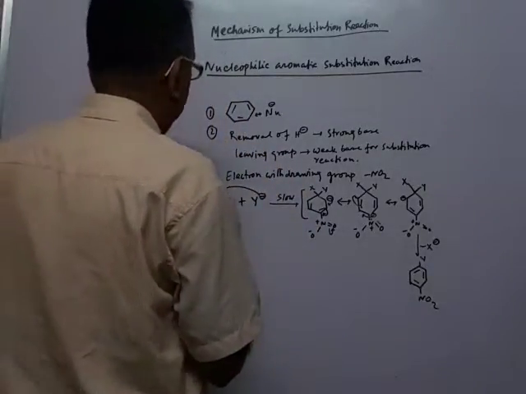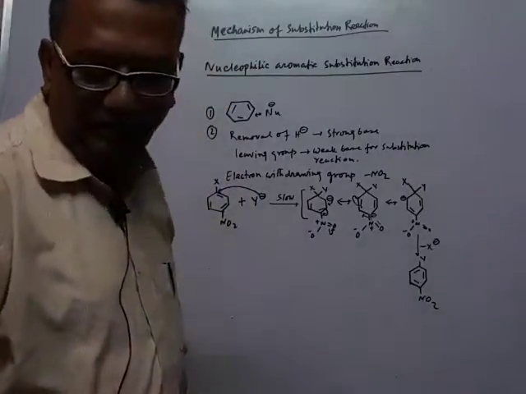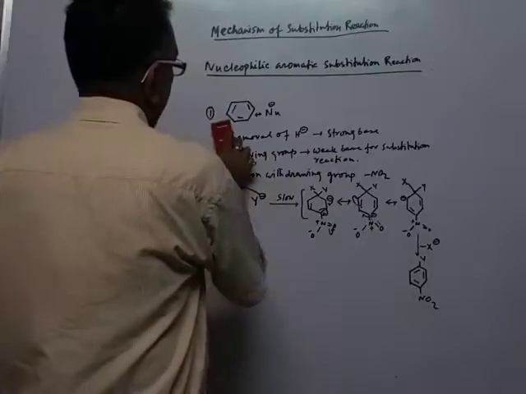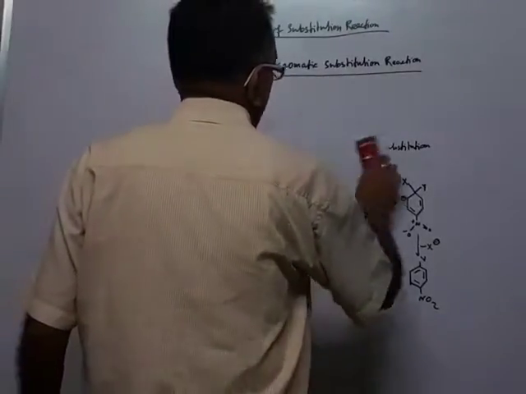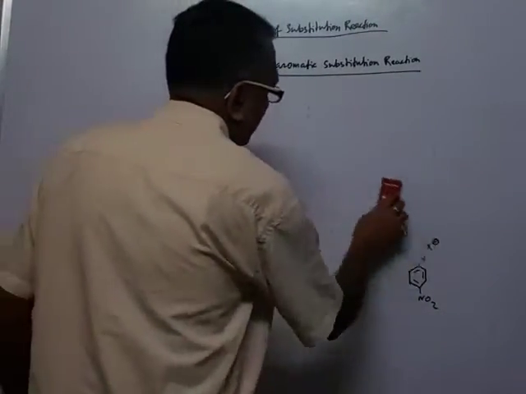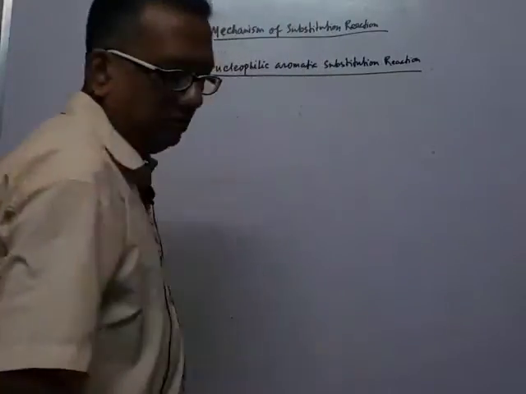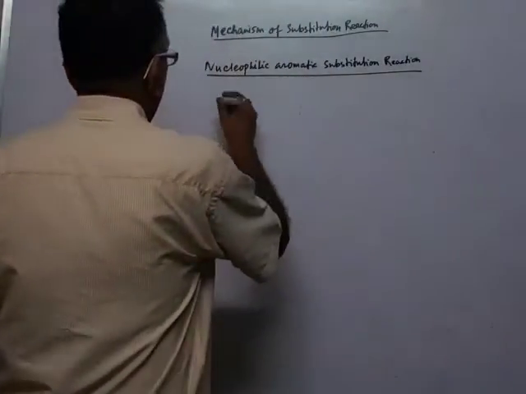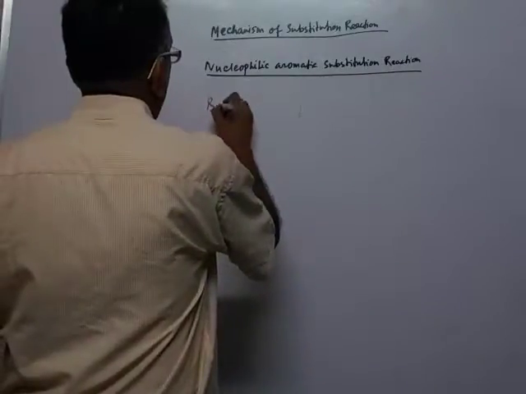There are other examples where nucleophilic substitution takes place in an aromatic ring, that is through a benzyne intermediate.